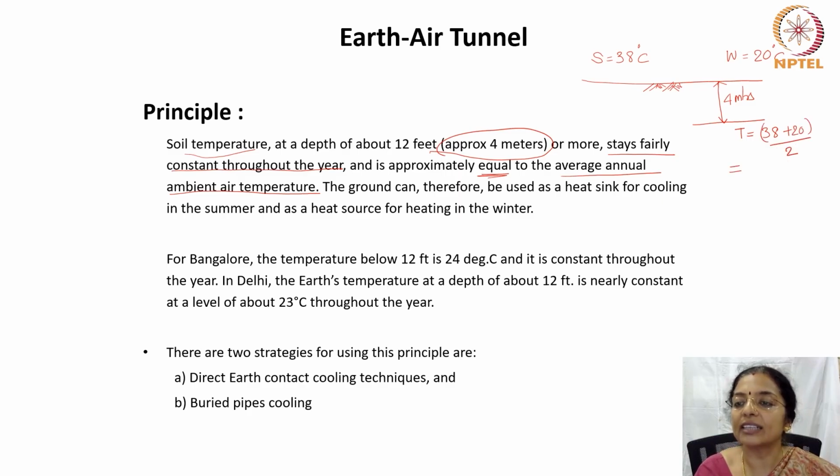The average of 38 and 20 is 29 degrees centigrade. So the temperature of the soil at a depth of 4 meters will be 29 degrees centigrade.